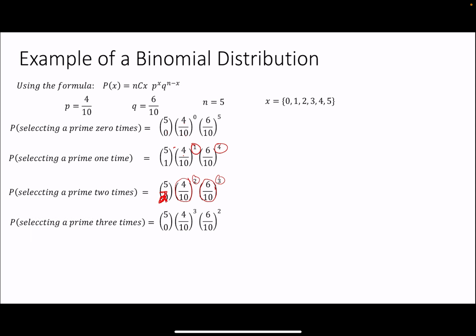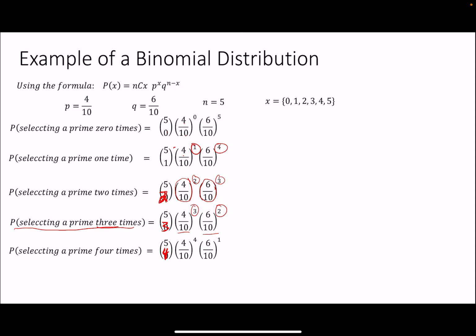Okay, and this is probability of selecting it 3 times. It's 5 choose 3, 4 over 10 to the power of 3, 6 over 10 to the power of 2, number of failures, number of successes, probability of success, probability of failure. All right, and this is 5 choose 4. Sorry about that.